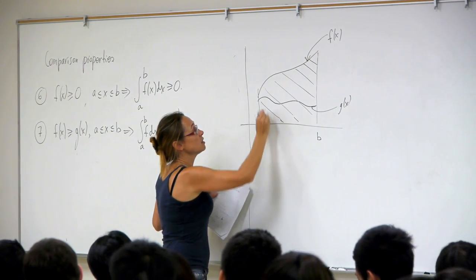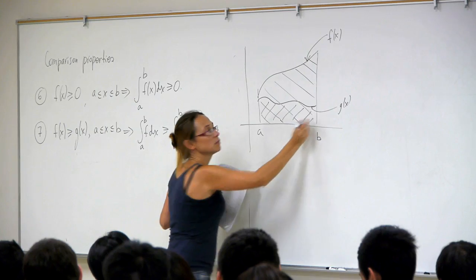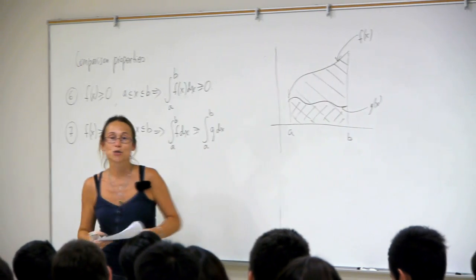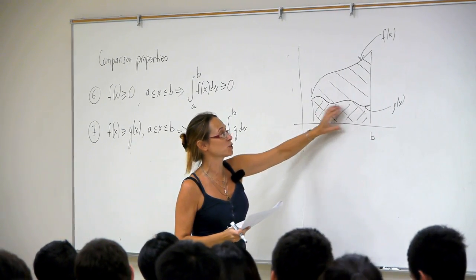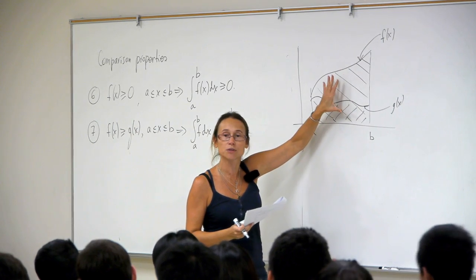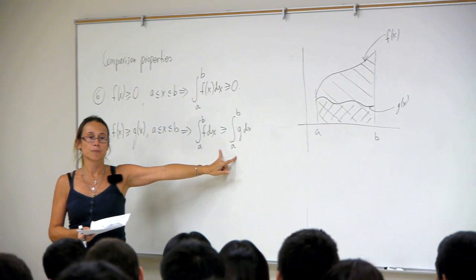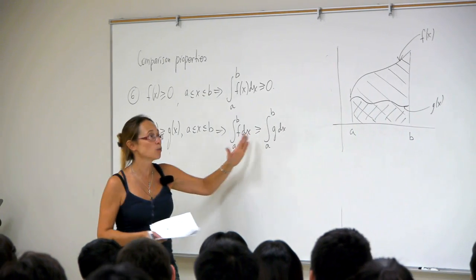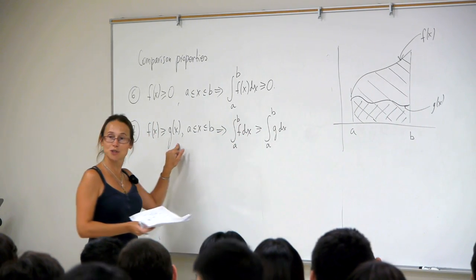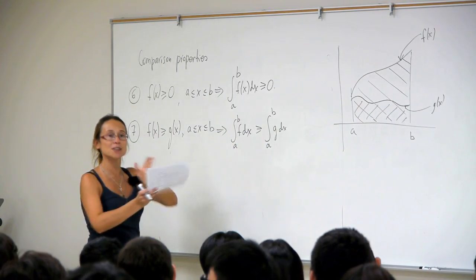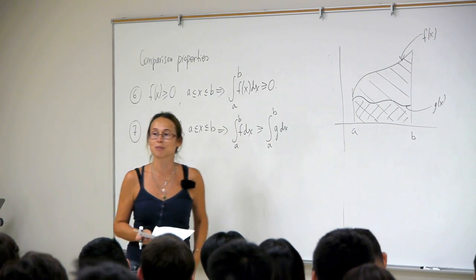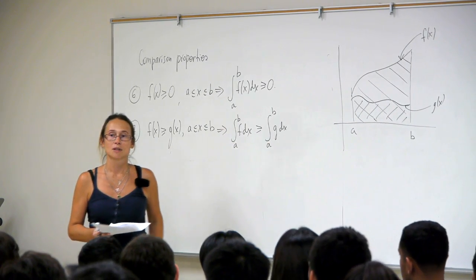And the integral of g is part of it, right? So you can see that the area under the function g is smaller than the area under the function f, and that's exactly what this says. Okay. This only works if f is greater than g. If they intersect somewhere, then we cannot make this conclusion.